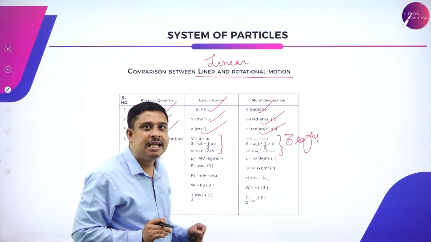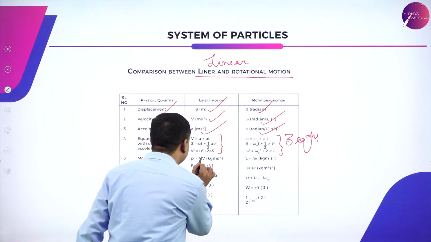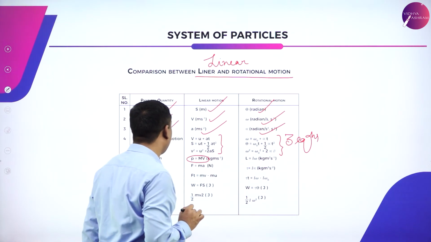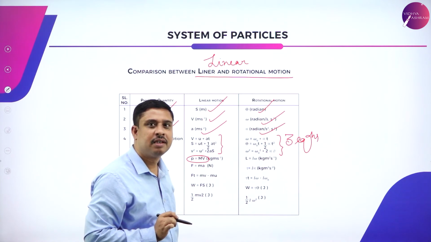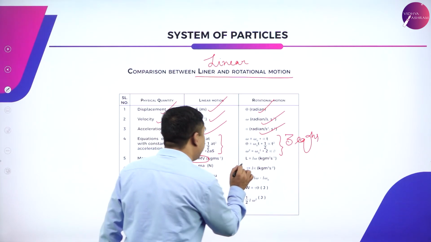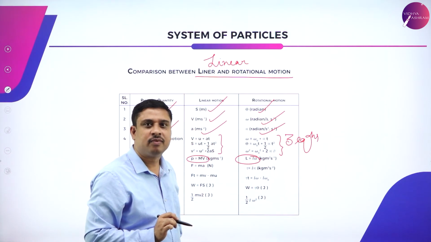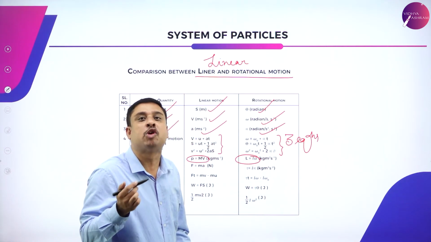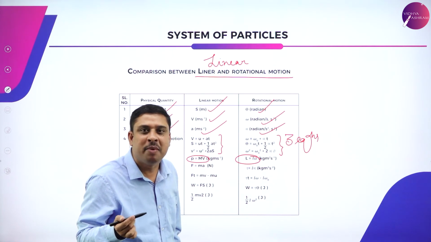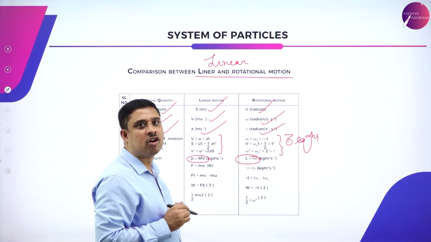Momentum in linear motion, mass into velocity. Angular momentum, L, I omega. What is I? Moment of inertia, omega, angular velocity.